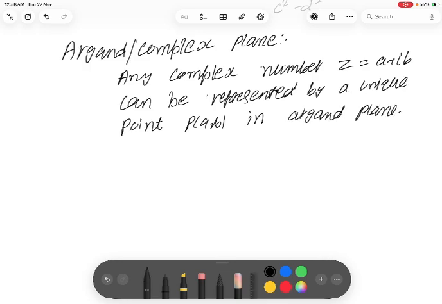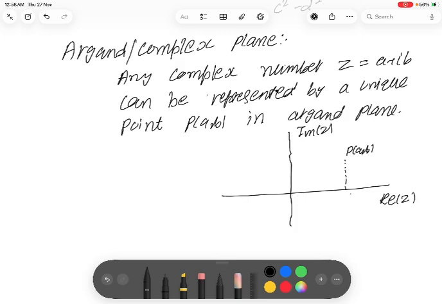If I have this plane where this is the real axis of z and this is the imaginary axis of z, and consider this point P of a comma b, which has a distance of a from this and distance of b from this.